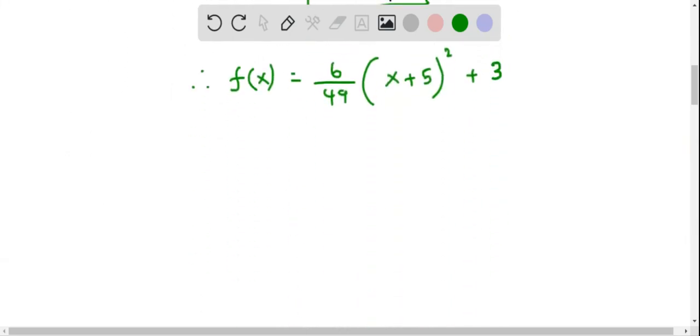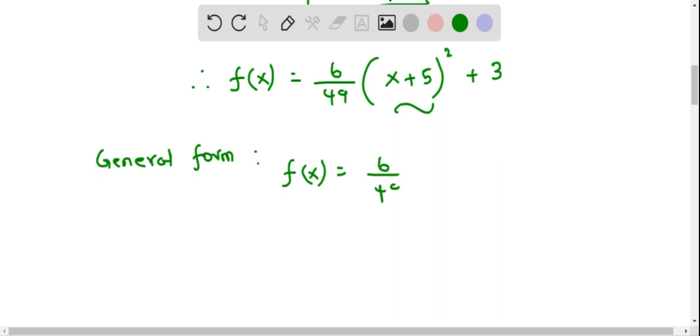Okay, so this one is in vertex form, but we have to give it in general form. So first, let's expand this binomial. That is f of x equals 6 by 49 times x plus 5 quantity squared, and this equals x plus 5 times x plus 5. So we can FOIL this.